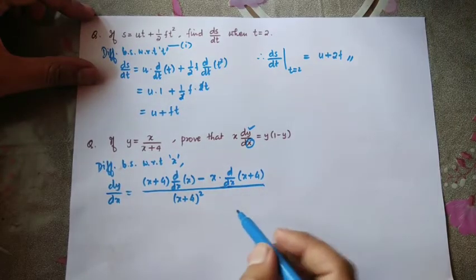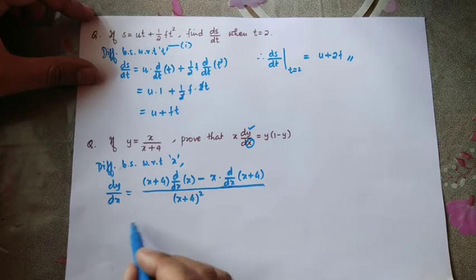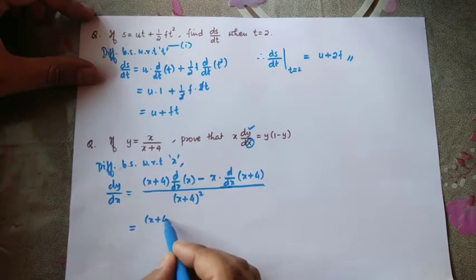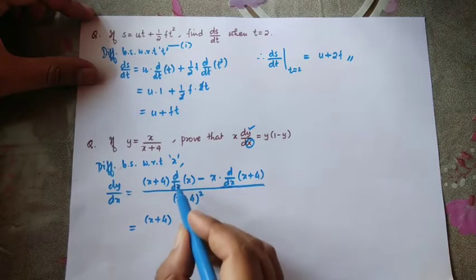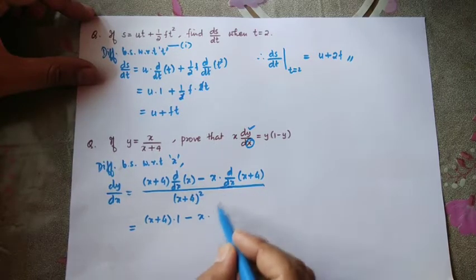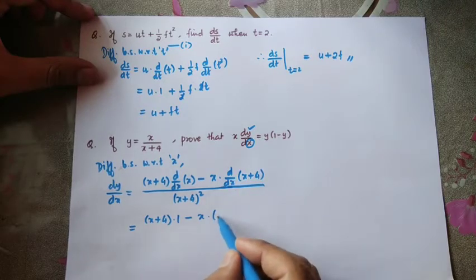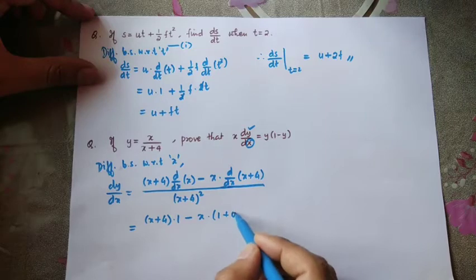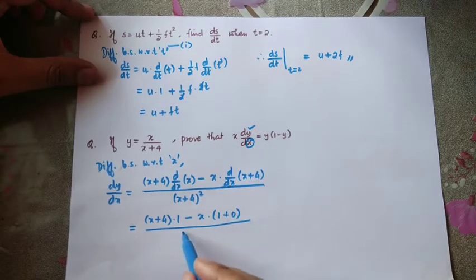Now let us simplify this further. We have x plus 4 times the differentiation of x with respect to x, which is 1, minus x times the differentiation of x plus 4, which is again 1 plus 0, since the differentiation of a constant is 0. In the denominator we have x plus 4 whole square.